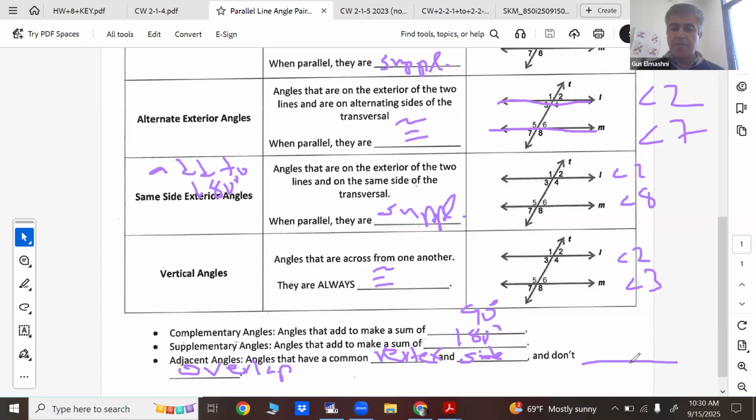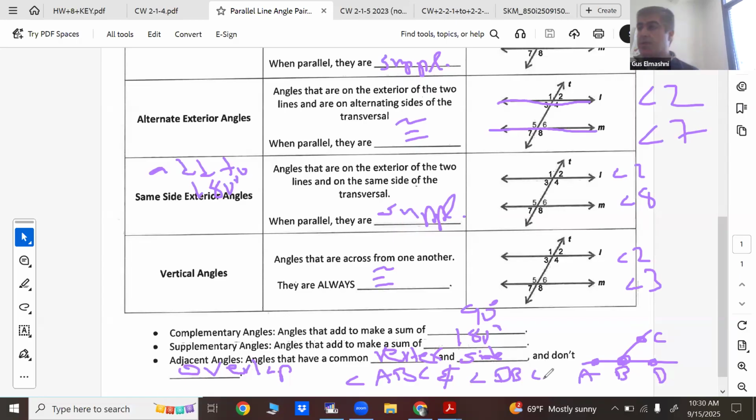So, for example, say you have A, B, C, and D. So angle ABC and angle CBD or DBC, however you want to call it. Those are adjacent angles. They're adjacent because one doesn't overlap the other. They share a vertex, and of course, they share a side.